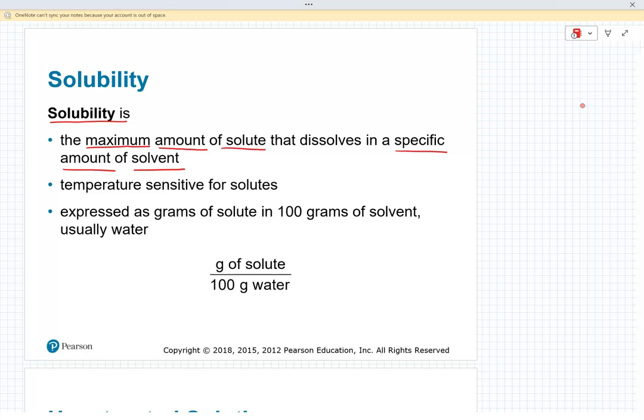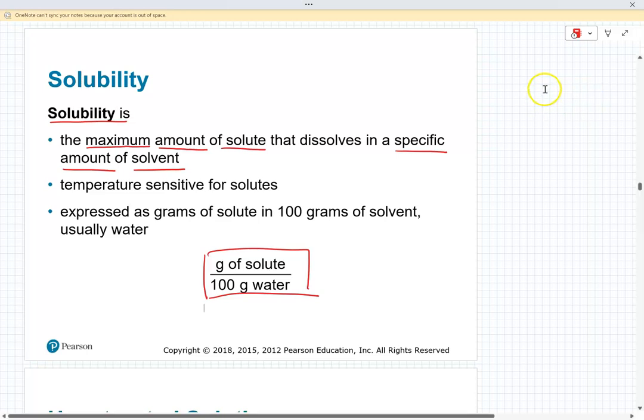Generally speaking, solubility increases with temperature for salts. It may be increasing to a different extent, but usually it does. When we compare solubilities, we have to use uniform units. And these uniform units are specifically grams of solute per 100 grams of water.